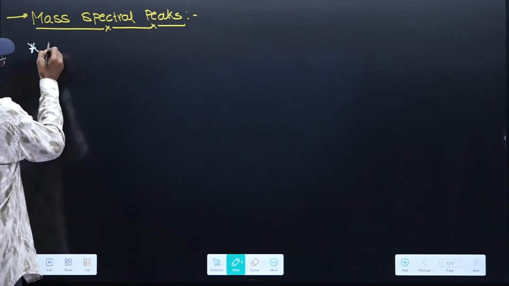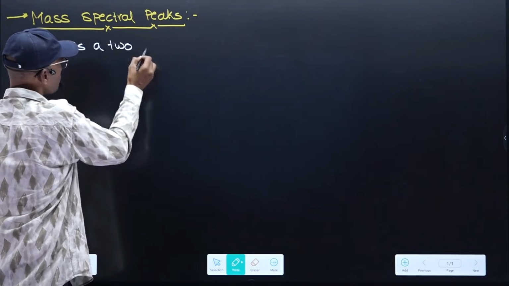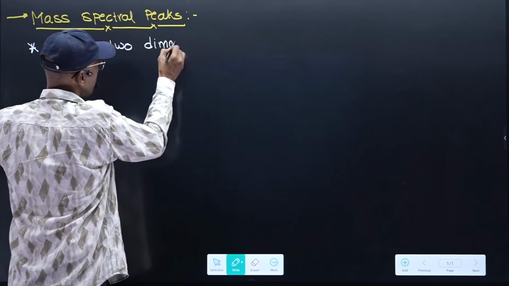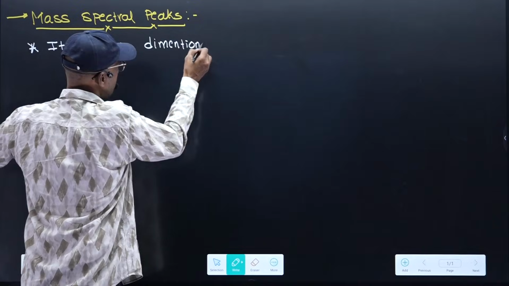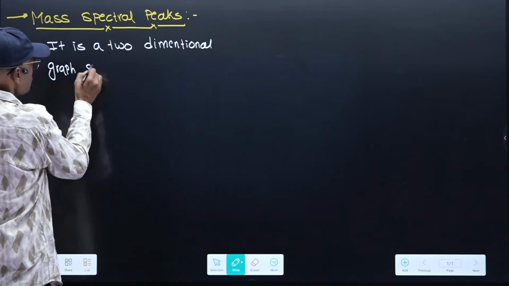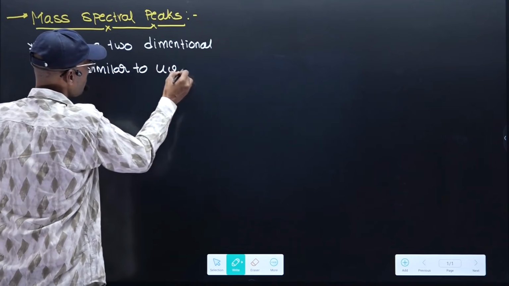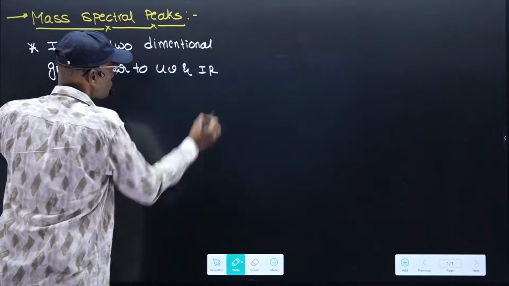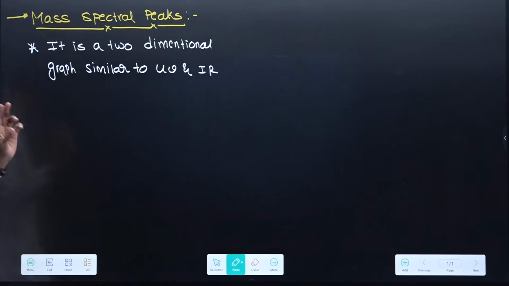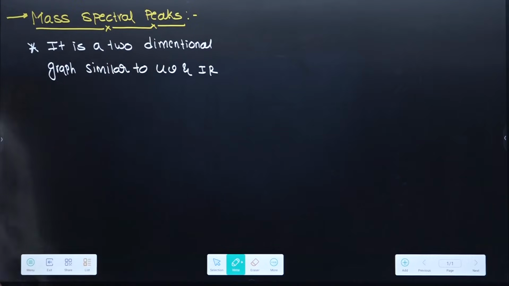Mass spectrometry, or mass spectral peaks, is a two-dimensional graph, similar to UV and IR. In UV spectroscopy and IR spectroscopy, we write a graph; similarly, you will write a graph in mass spectrometry.